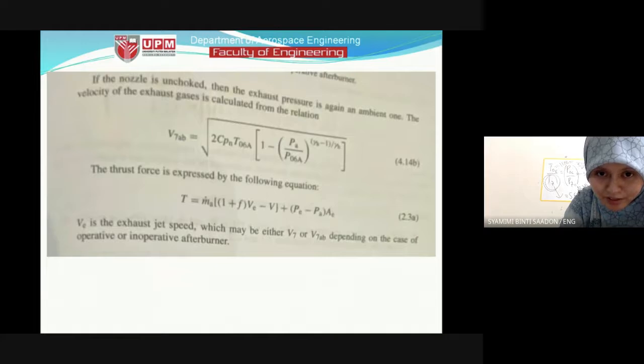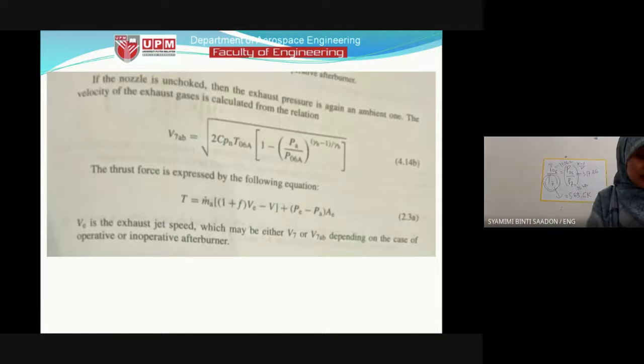Okay, T7 is 563.6 Kelvin. I hope you can follow the steps. Maybe you don't have enough time to calculate, but at least you understand the process and the steps. For T7, we use the normal isentropic ideal gas equation for the nozzle.